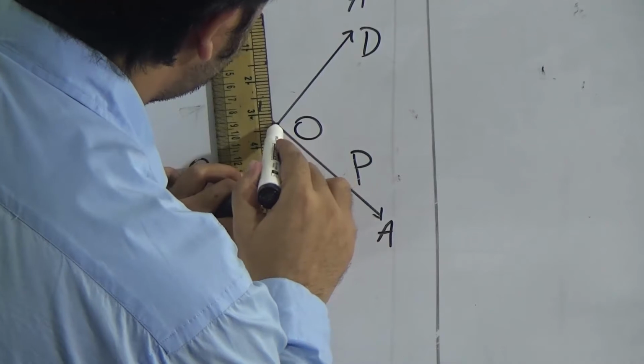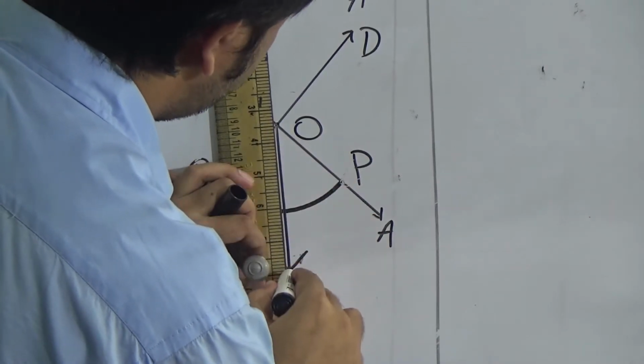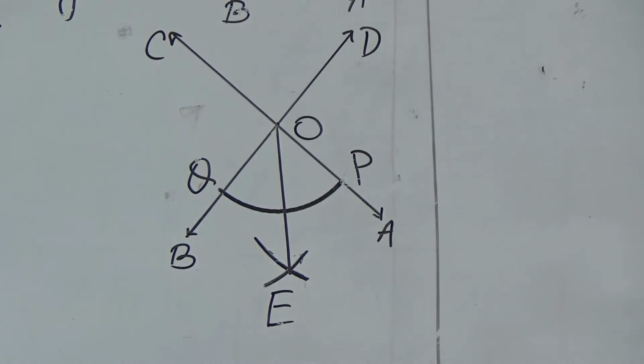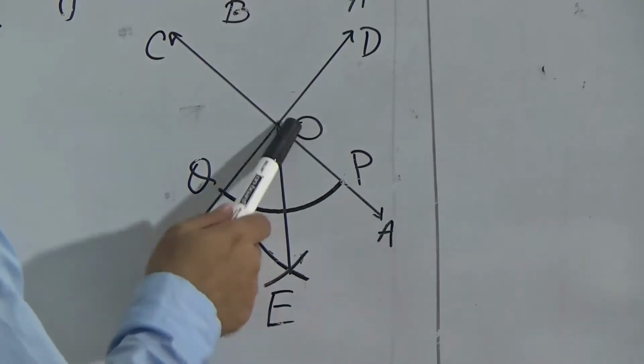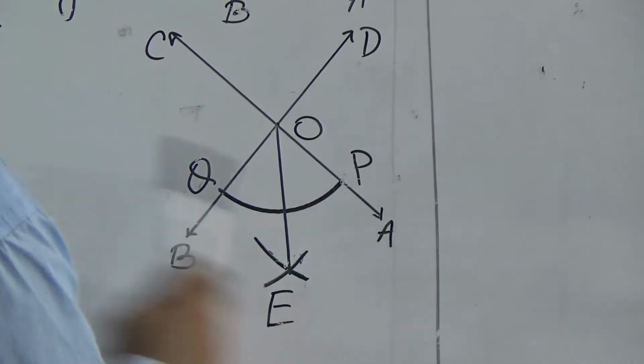So we can say OE is the required bisector of angle AOB. Dear students, here two adjacent angles are produced, AOE and BOE, and OE is the common side of those angles.